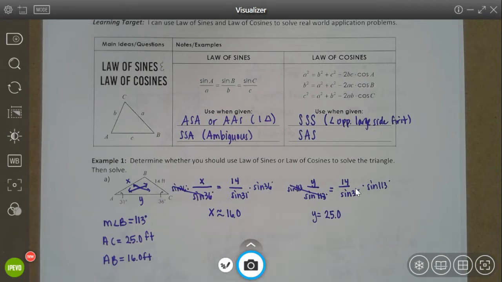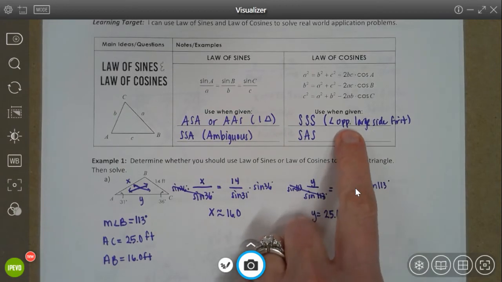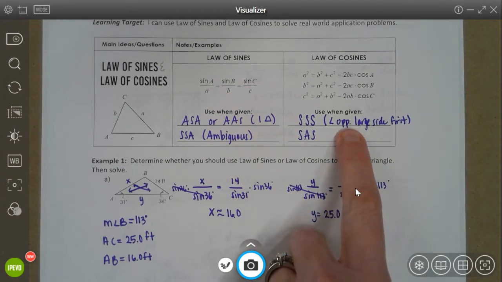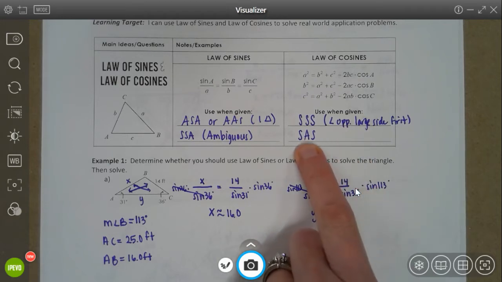And if the angle opposite the largest side is acute, then I know the other two angles are going to be smaller acute angles. So I always recommend finding the angle opposite the largest side. For side angle side, we're going to find the missing side length first, and it's going to be the side that's opposite that given angle.